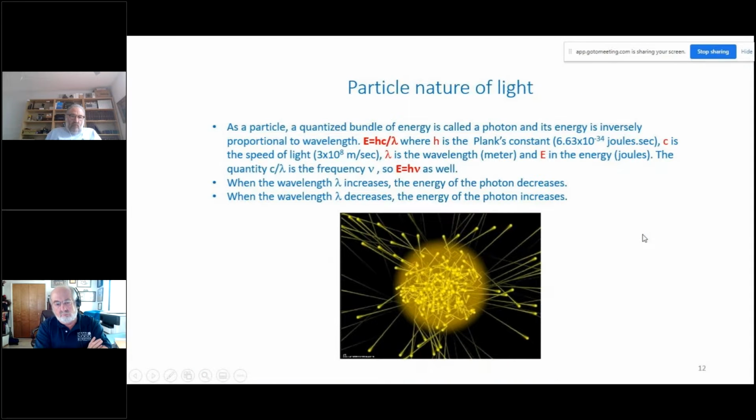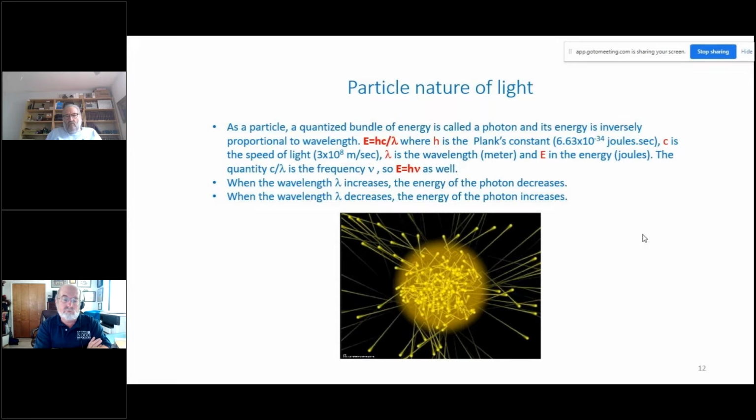So let's talk about the particle nature of light to understand the PPFD. The wave nature of light was known since the 18th century, and all kinds of experiments like diffraction, interference, etc. were performed to show that light has a wave property.